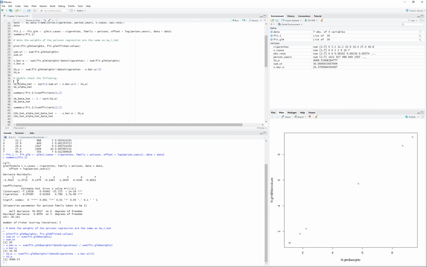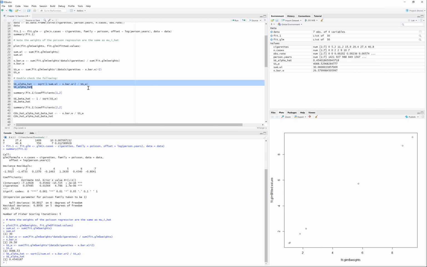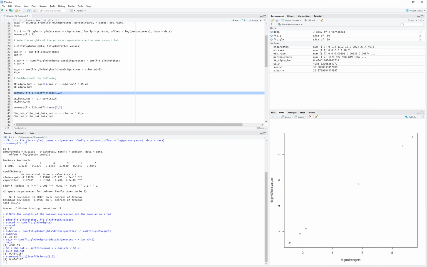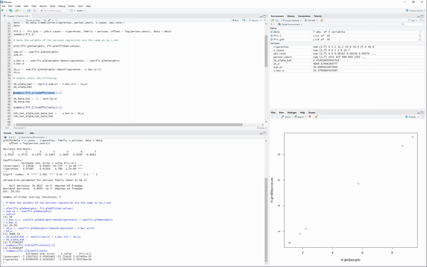So we get equation 12.15 by getting the estimated standard error. It is 0.4540. But if you notice, if we would have gotten the summary of the fit 1 $ coefficients, right? So what I'm saying here is if I look at the coefficients all together, summary of fit 1 $ coefficients, I'm saying give me the first row, second piece.